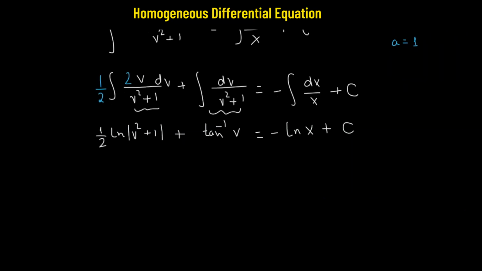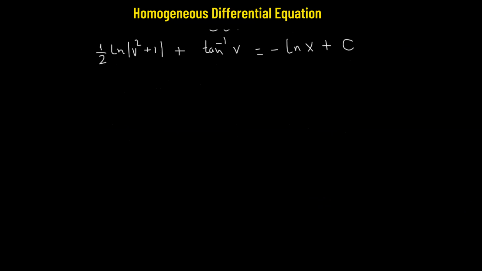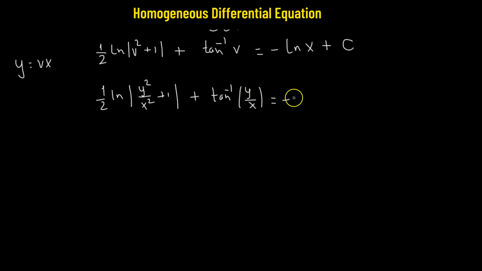Next, what we do is substitute the value of v with y and x. We considered y equals v times x. So we have half natural log of y squared over x squared plus 1 plus tangent inverse of y over x equals natural log of x plus c. I have to take the absolute value.